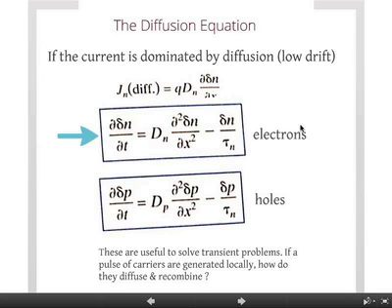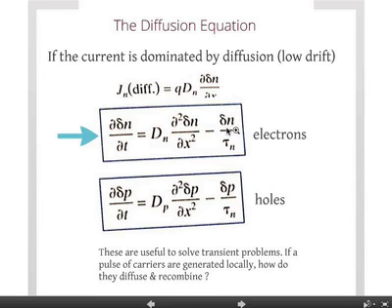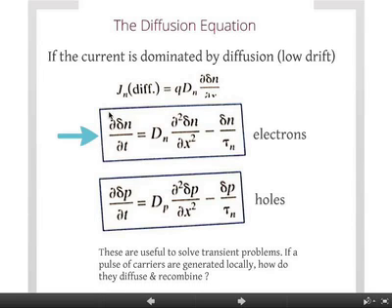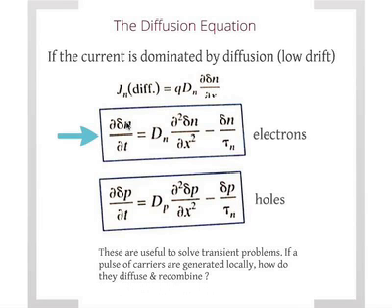Because what happens is, this is what you need to solve. If there's no voltage applied, that's basically diffusion current. So we have some boundary conditions, and some initial conditions. So your delta p(x, t) at t equals 0 will be some distribution. Remember, we saw before, you have a slab of semiconductor, you shine light on it, you generate a pulse of electron-hole pairs very locally, right?